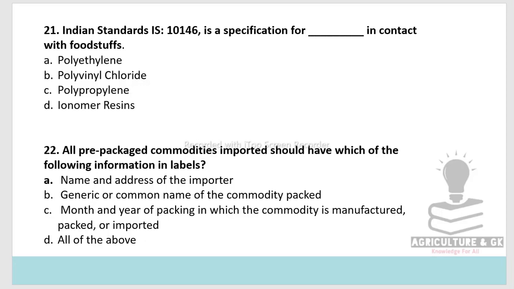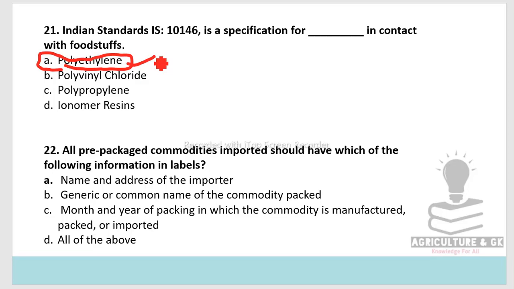So which one of these has a specification IS 10146? So IS 10146 is a specification for polyethylene in contact with foodstuffs. So our answer will be option A, that is polyethylene. Now moving next to the next question.